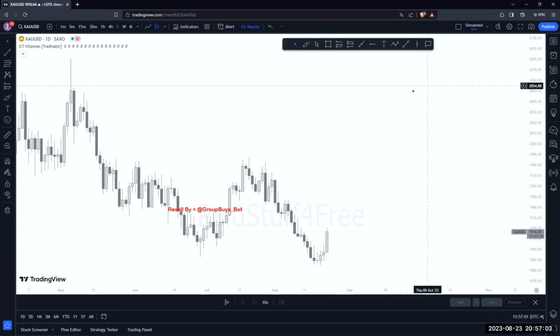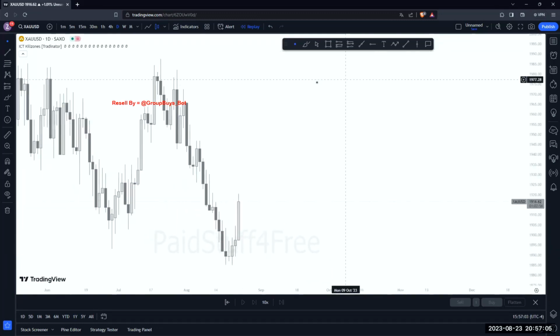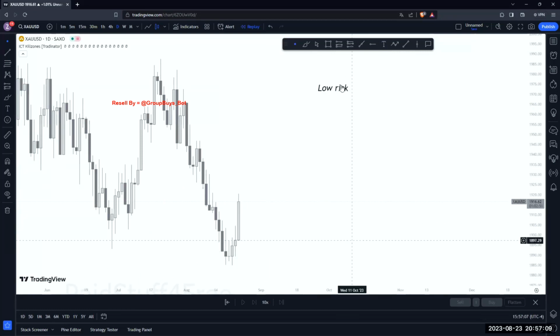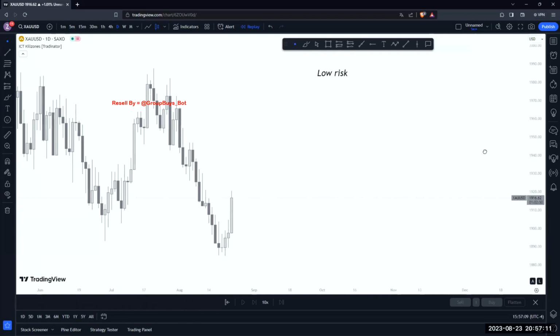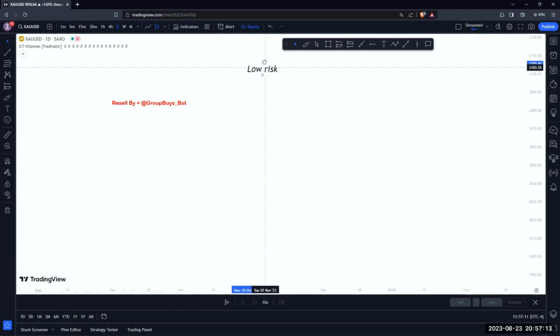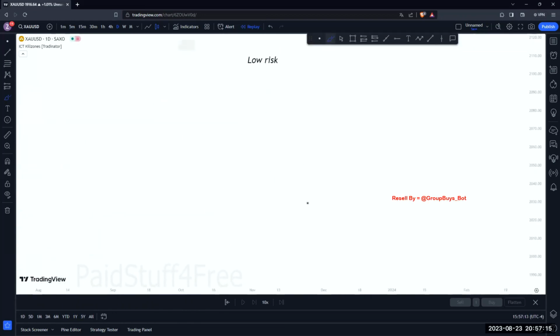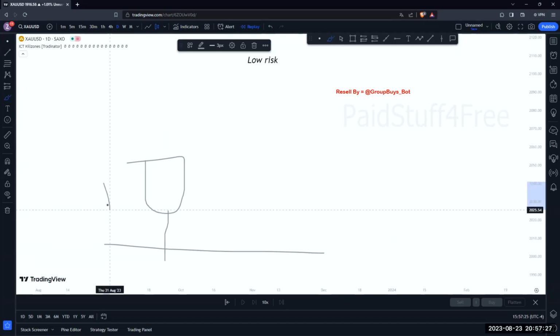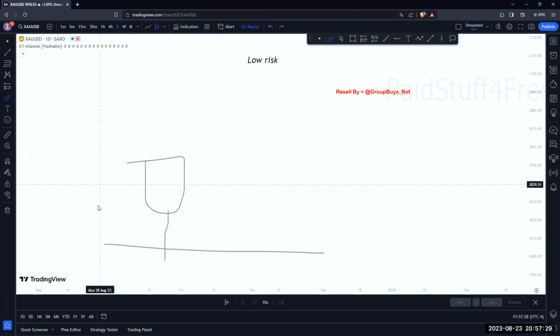So let's go to the low risk category. What are you going to have in the low risk category? You're going to have the simplest, one of the best setups that every student of mine likes: the very best daily reject daily setup and H4 breakout.